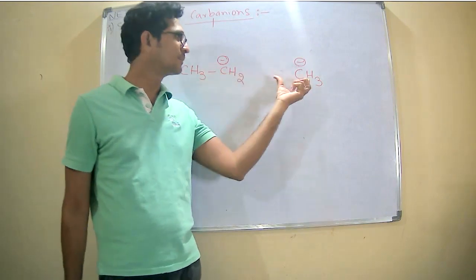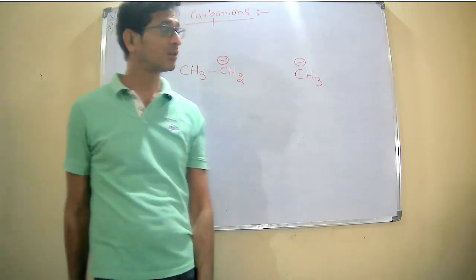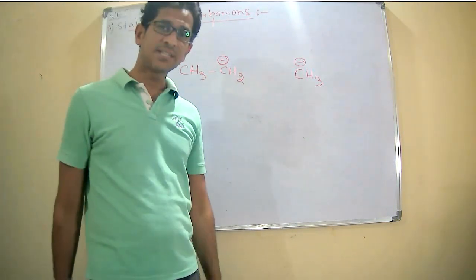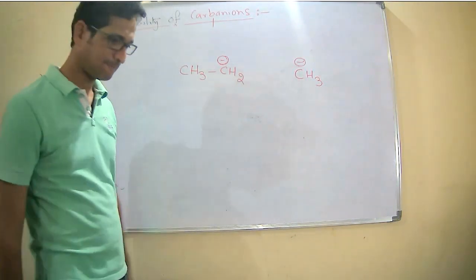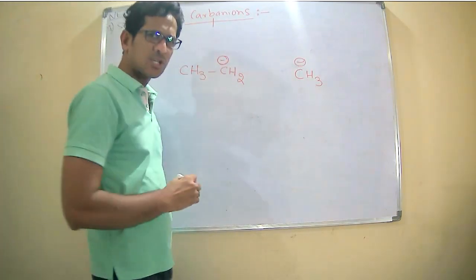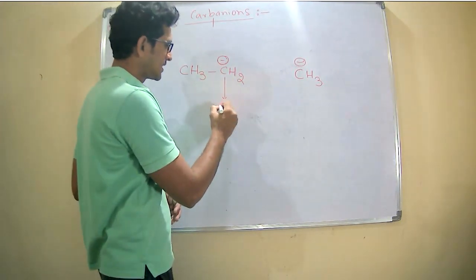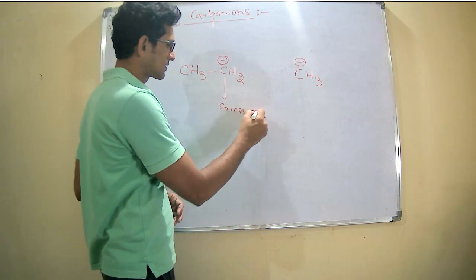Ethyl carbanion, methyl carbanion. Among these two, which is more stable carbanion? Negative charge indicates excess electrons.